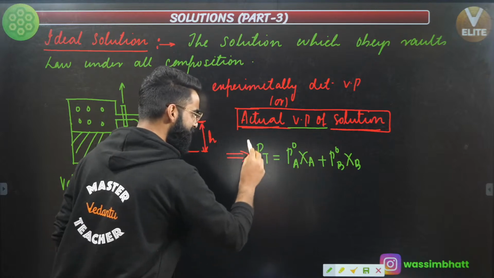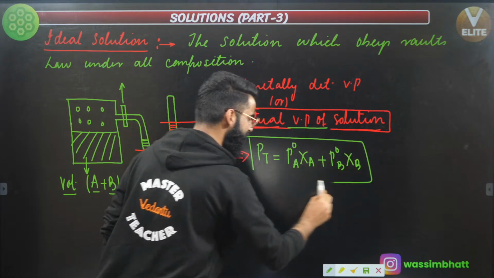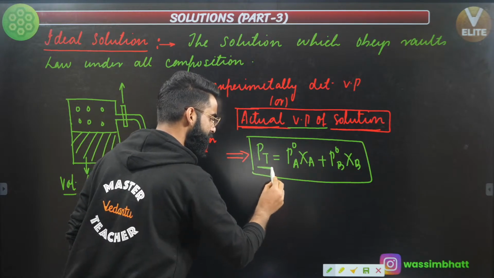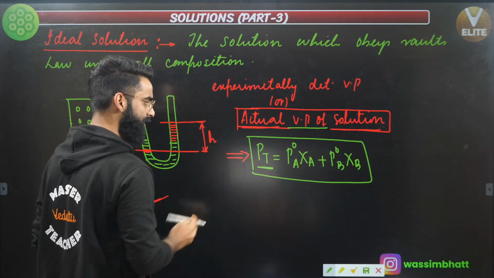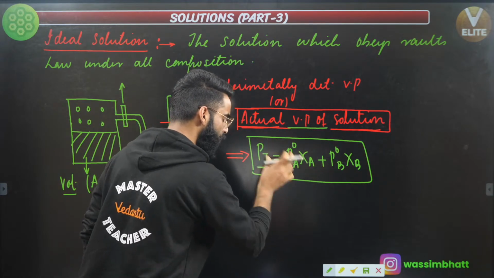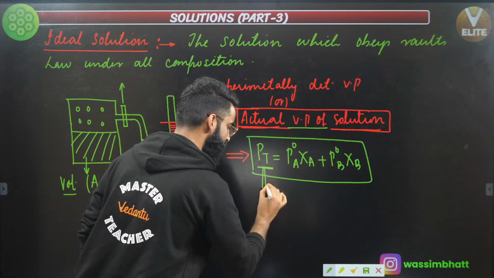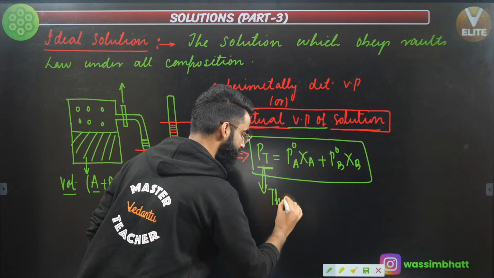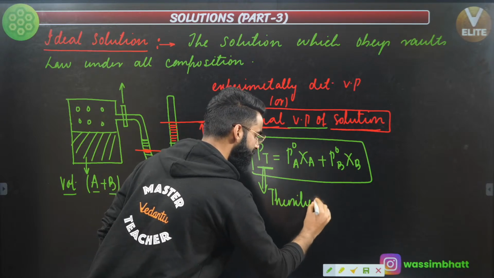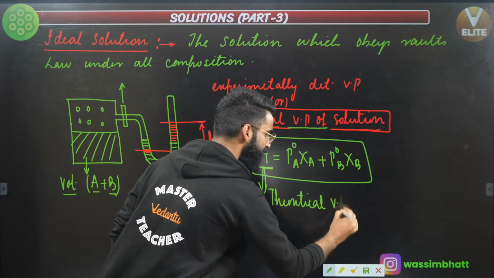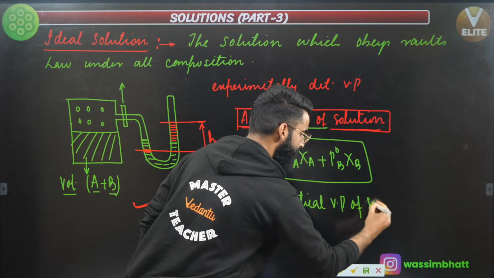By using this equation, I'm again calculating the total vapor pressure of the solution. And whenever I calculate the total vapor pressure of the solution by using Raoult's law, that vapor pressure I call the theoretical vapor pressure of the solution.